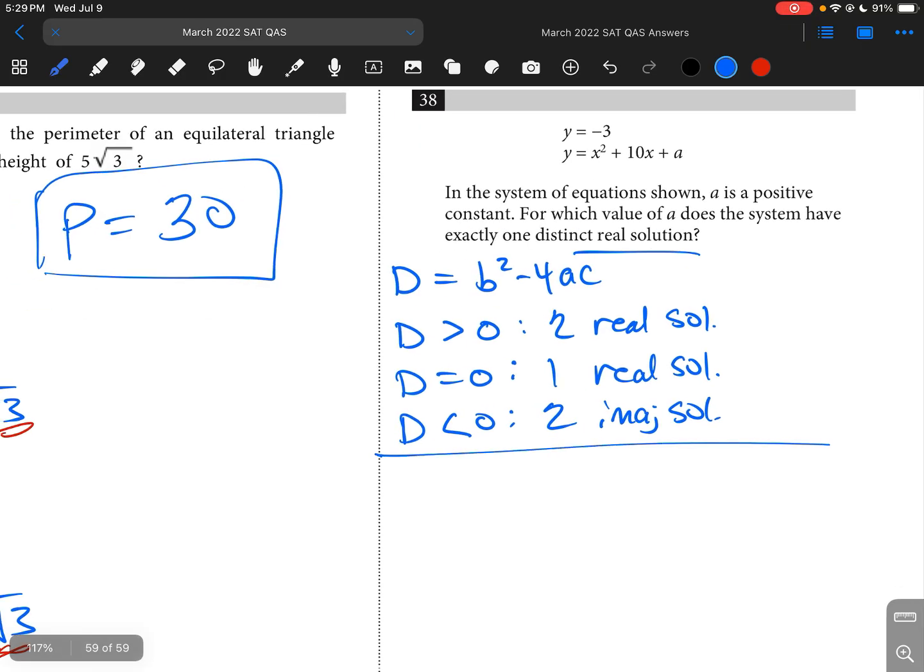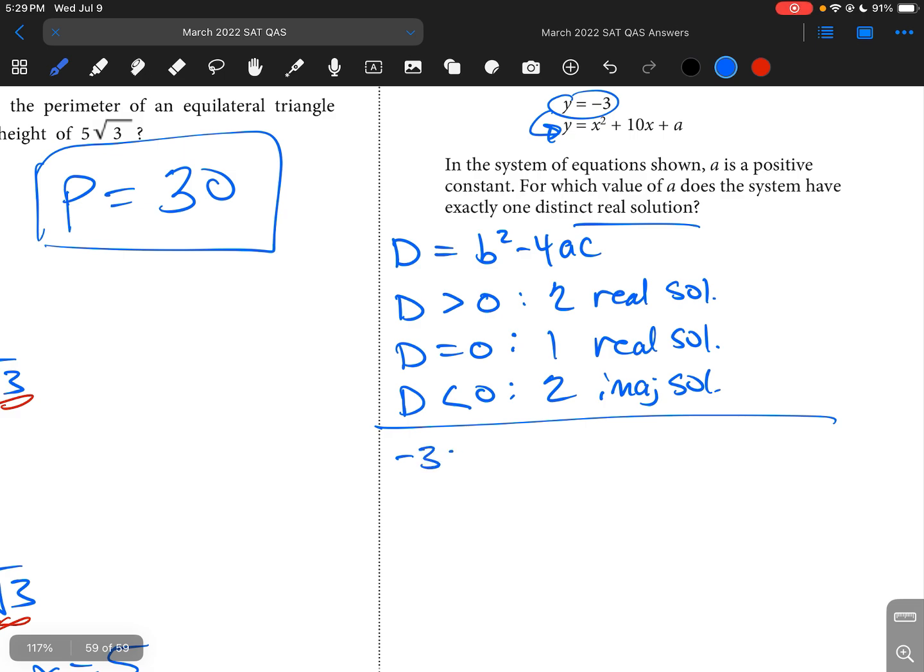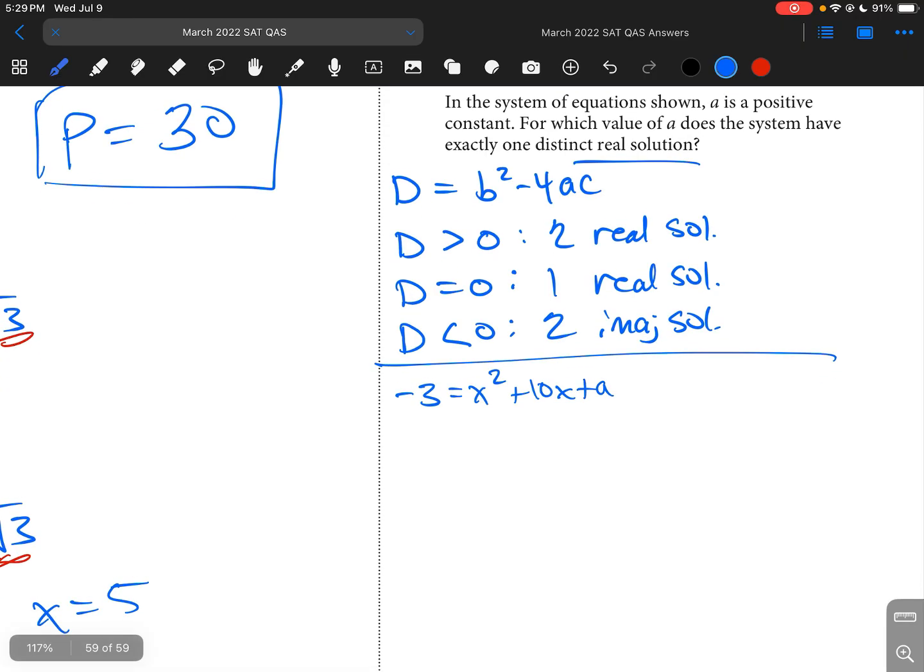So first, let's start by substituting in what they give us, y is negative 3. So negative 3 is equal to x squared plus 10x plus a. So moving everything over, 0 is equal to x squared plus 10x plus a plus 3.